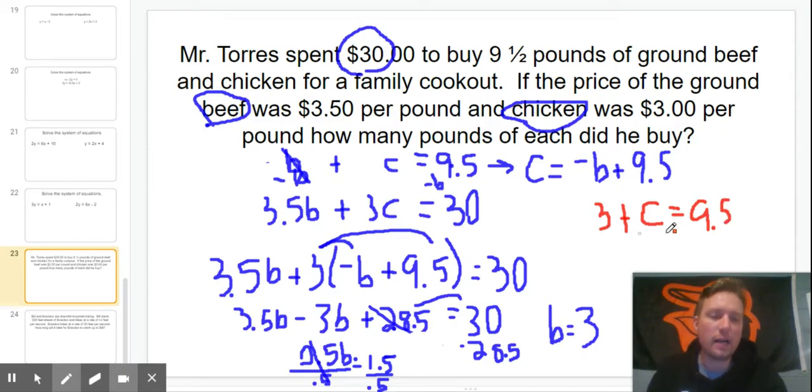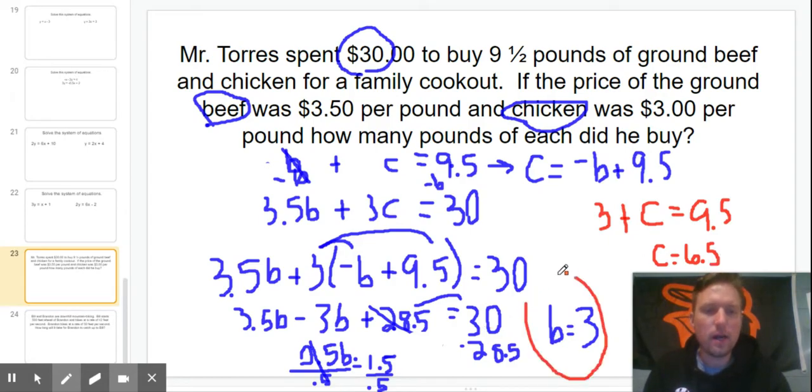Well, we could subtract 3 from both sides, and we're left with c equals 6.5. How about that? So we have just figured out how much meat Mr. Torres bought. He bought 3 pounds of beef and 6.5 pounds of chicken.